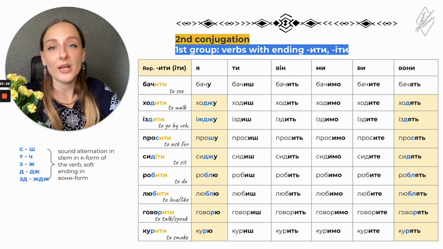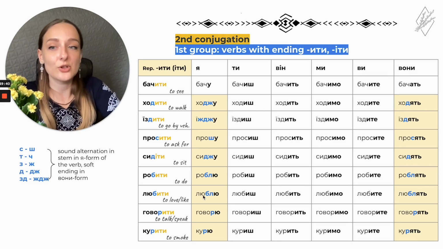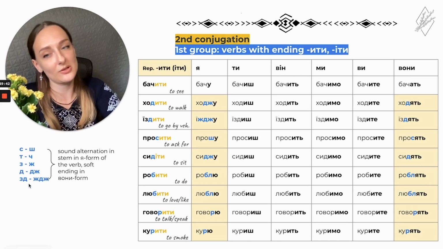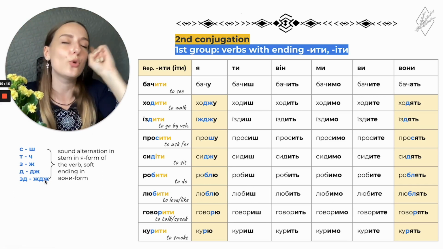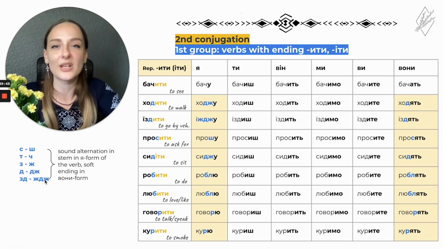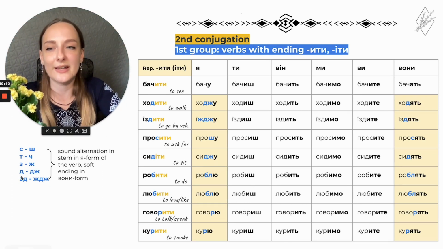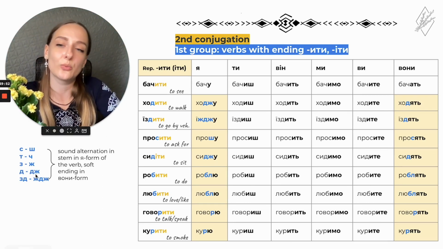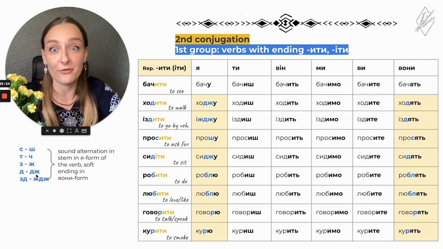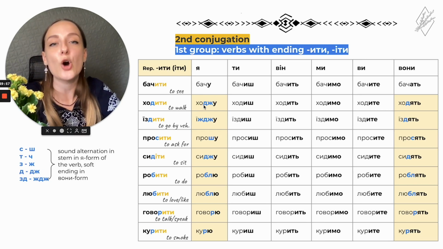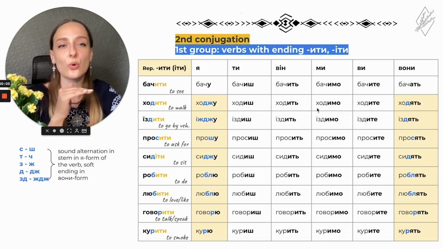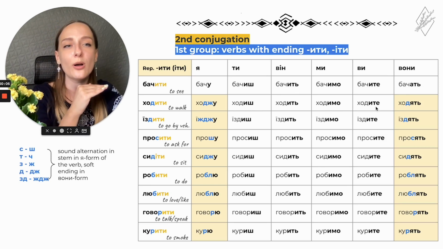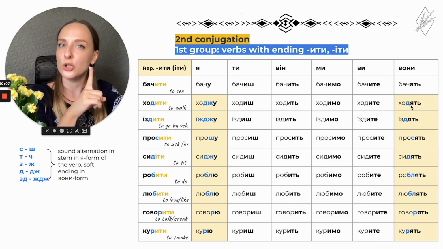If you drop your ending ити, іти, and your stem ends with one of these letters, you need to replace them for ya form, only for ya form. So, ходити, letter D, we change with letter J, affricate, J. Я ходжу. Other forms will follow the rules. Ти ходиш, він ходить, ми ходимо, ви ходите, вони ходять.